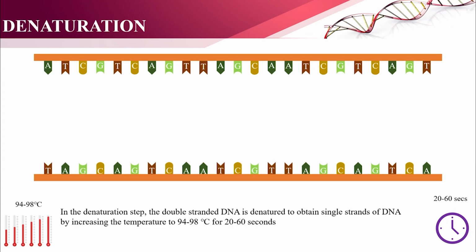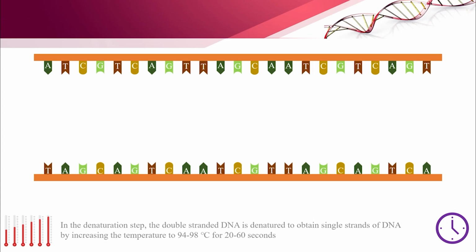For example, in the tube we put the DNA or cDNA, primer, DNA polymerase and some nucleotides, and then it's heated to around 94 to 98 degrees C. The high temperature causes the double stranded DNA to separate into two single strands.